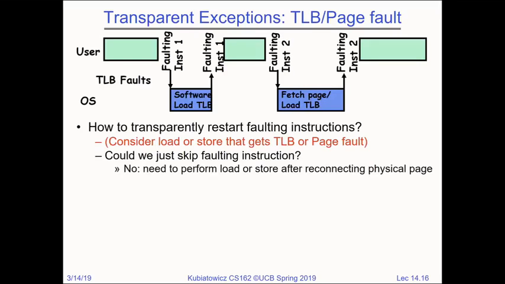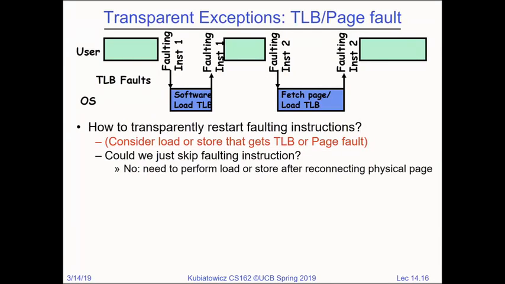All right. So let's talk a little bit about exceptions. We talked about exceptions a couple of weeks ago, things like divide by zero exceptions. We talked about system calls. We talked about interrupts. These are all exceptions.